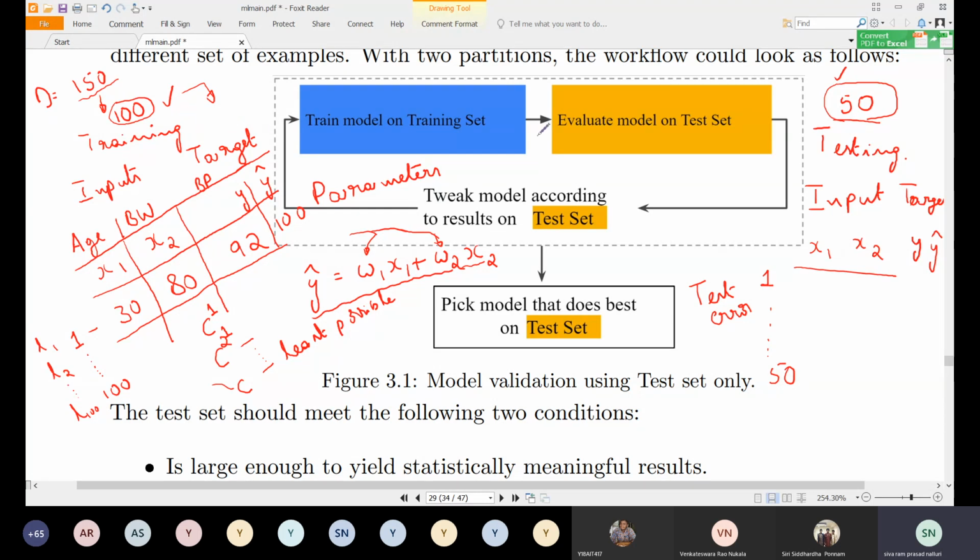Now during testing, I will give different programs. Do those students who learned the programs by heart perform well during testing? I'm asking you.